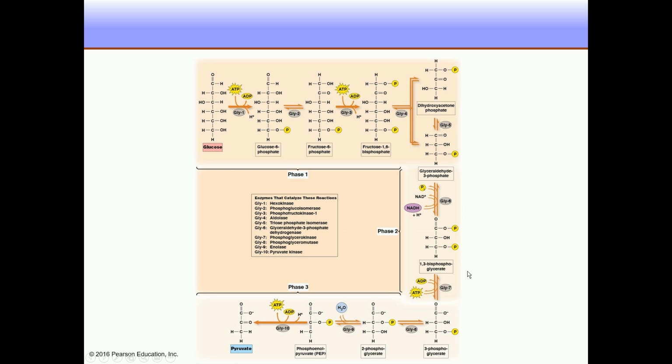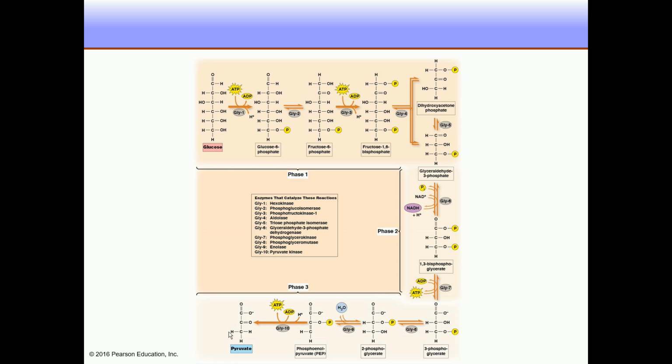So in the process of glycolysis, you start with 1 molecule of glucose and you end up with 2 molecules of pyruvate. Glucose has 6 carbons, pyruvate has 3 carbons. Basically this step is called glycolysis, because here the glucose is actually lysed.